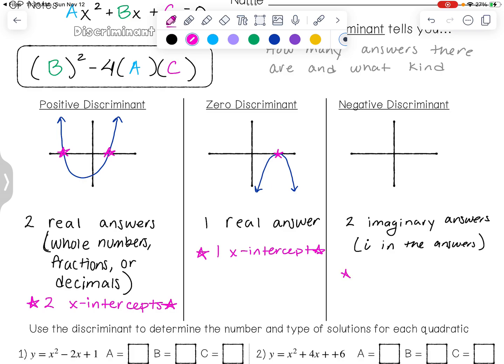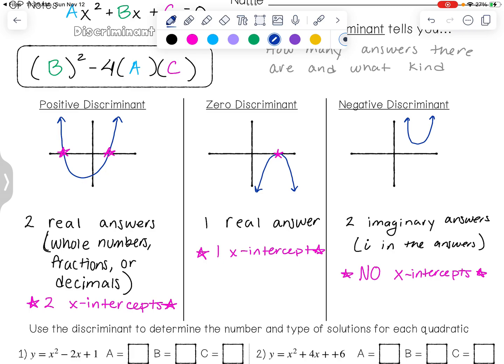Graphically, what that tells us, what the picture looks like, is that there are no x-intercepts. Right? Because if we had x-intercepts, they would be real numbers because we're only graphing real numbers on the coordinate plane. So what our picture is going to look like is something like this. Like, it's not touching the x-axis at all.